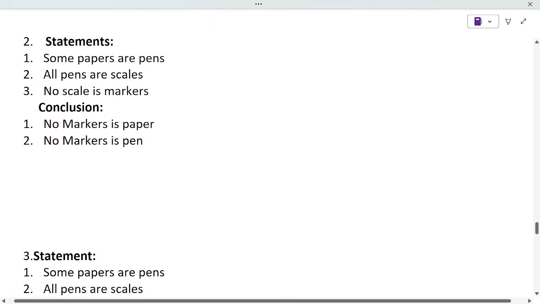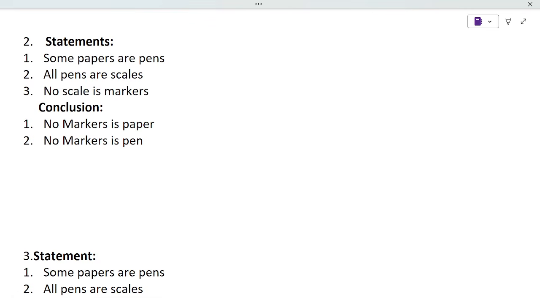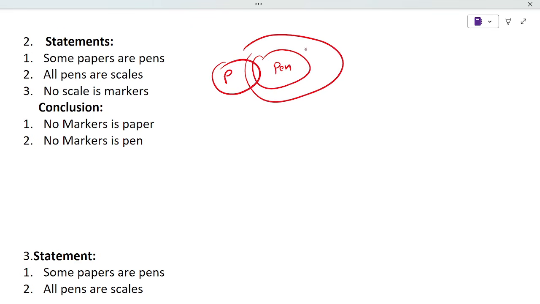Second one. The statements: some papers are ink, all pens are scale, no scale is marker.